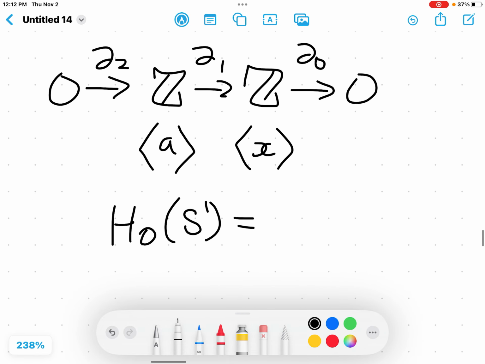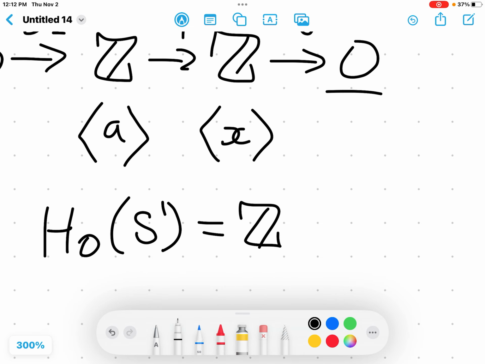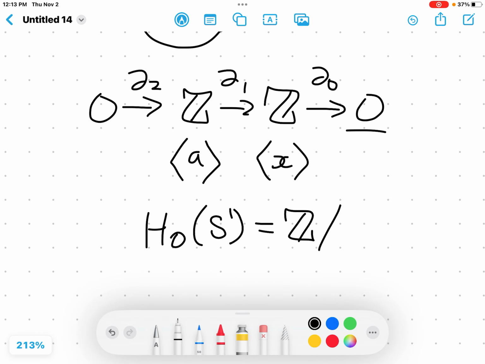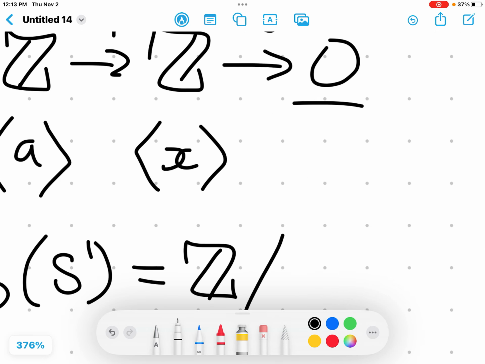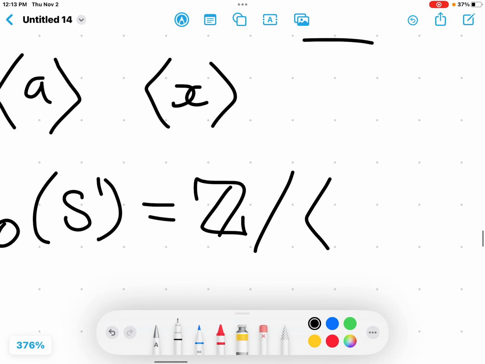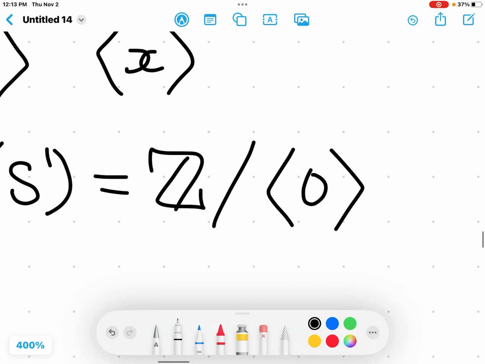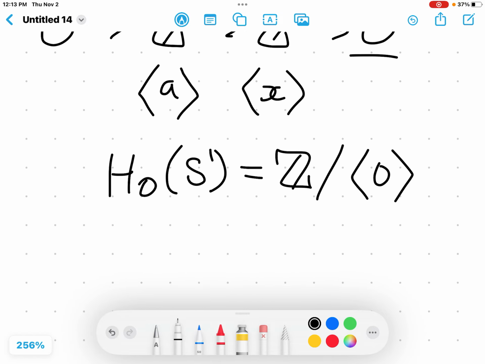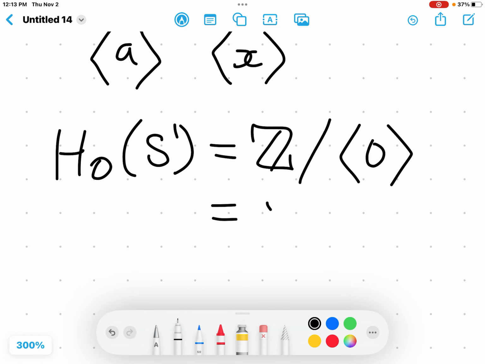So the kernel, everything that's sent to 0, is the entire Z. Okay, so what's the image of ∂_1? That's really just a trivial group. All right. So this is just Z.